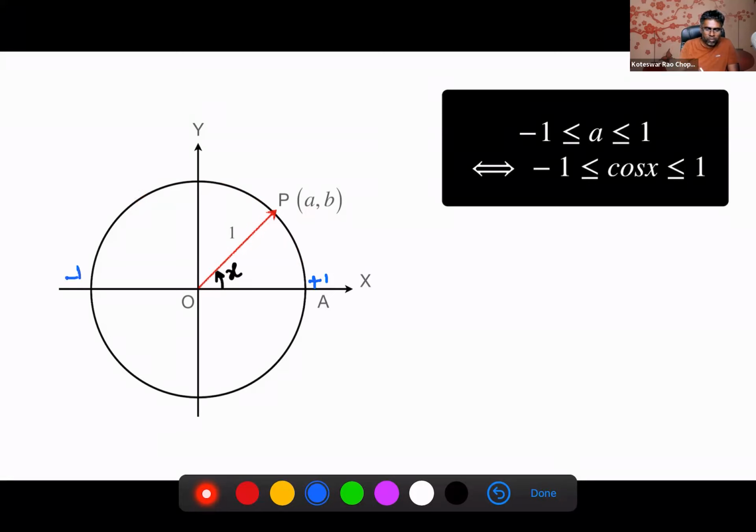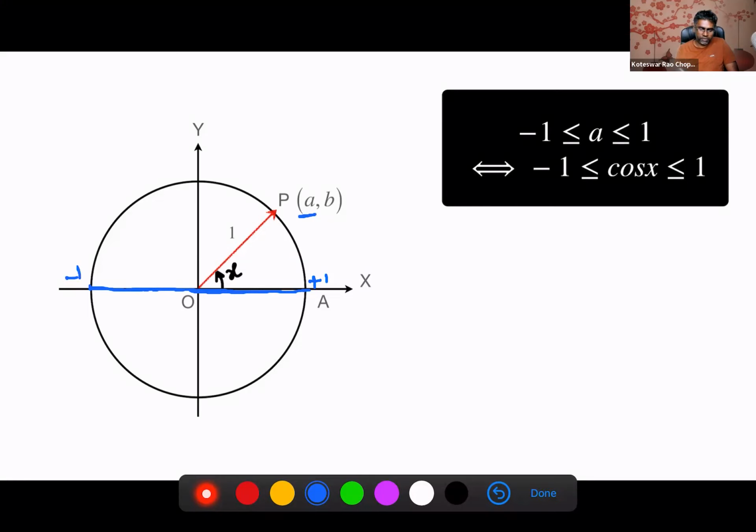So only the values between -1 and 1 are allowed. So A, which is the x coordinate, will be between -1 and 1. Both -1 and 1 are included. Because the x coordinate is given by the cos function, the range of cos function is between -1 and 1, both included.